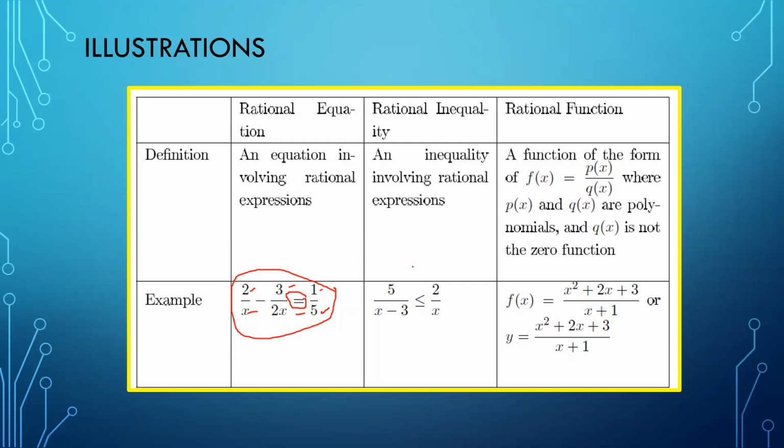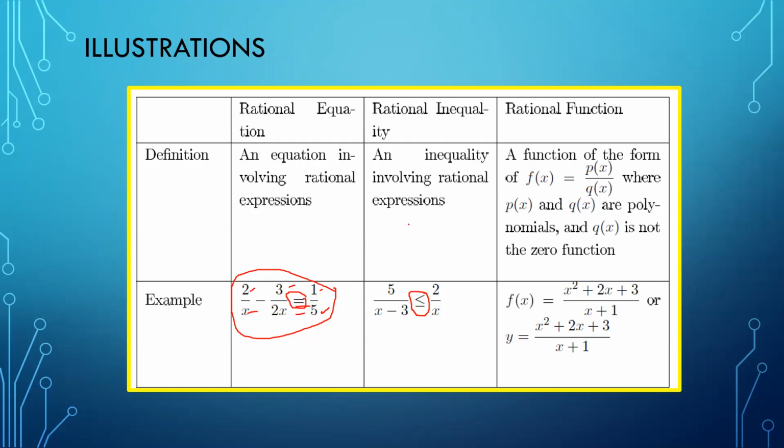The next is the definition of rational inequality: an inequality involving rational expressions. The difference between a rational equation and a rational inequality is that a rational equation is separated by an equal sign, but a rational inequality is separated by an inequality sign.